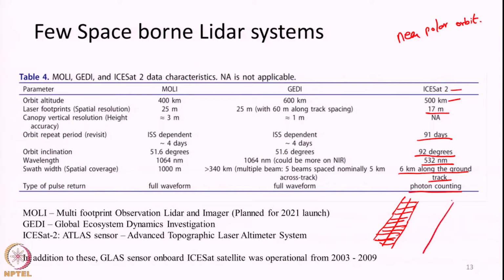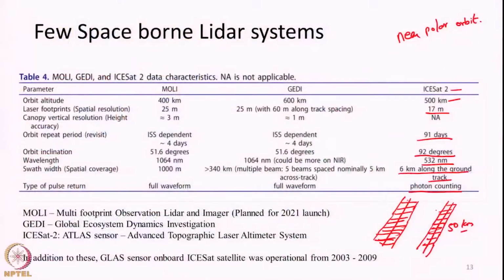But let us say now your swath width is, just for example, just 50 kilometers. So, what essentially happens, rather than collecting one full 185 kilometers, you are now collecting only 50 kilometers. So, now you have to make at least 3 orbits in order to have a good coverage even for the same portion, right.